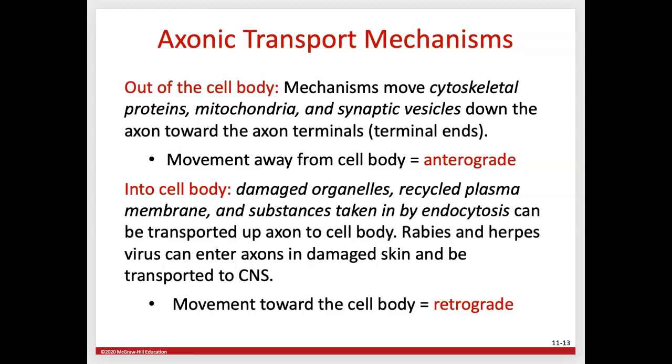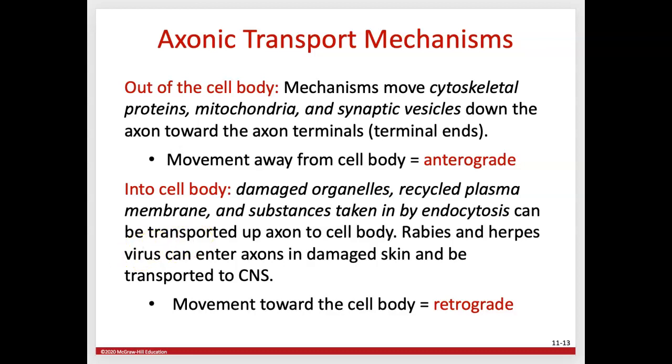So out of the cell body is movement away from the cell body. It's called anterograde. Into the cell body, so basically if there's damaged organelles, the plasma membrane was recycled, substances brought into the cell through endocytosis, all of these things can be transported the opposite direction toward the cell body, and that's called retrograde.